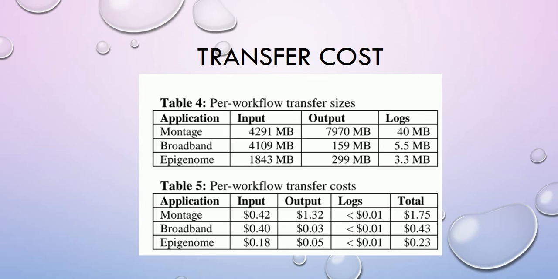Input is the amount of input data to the workflow, output is the amount of output data, and logs is the amount of logging data that is recorded for each workflow task and transferred back to the submit host. So you can see the table and see the input, output and logs, and the total amount which is spent.